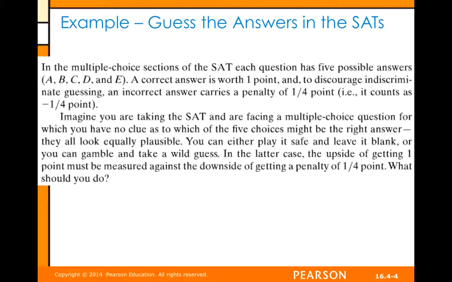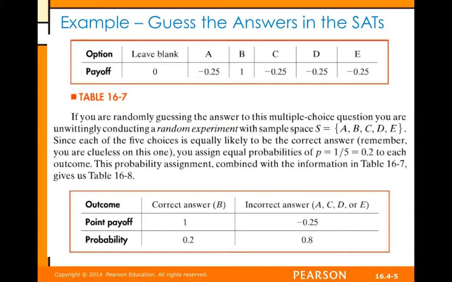Well, we're going to answer this question with expected value. So we're not going to call it that yet, but that's what we're going to do. So notice that if you're randomly guessing the answer to this multiple choice question, you are actually conducting a random experiment, if you like. And the sample space of that experiment are just the 5 options for the question. So this is assuming you guess, right? If you guess, then leaving it blank is not an option anymore, right?